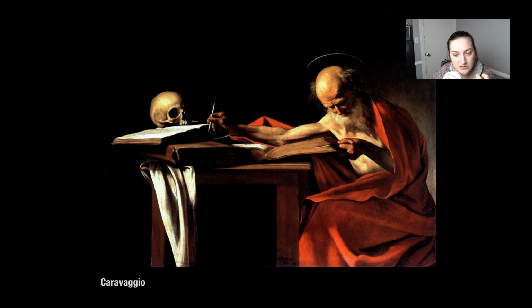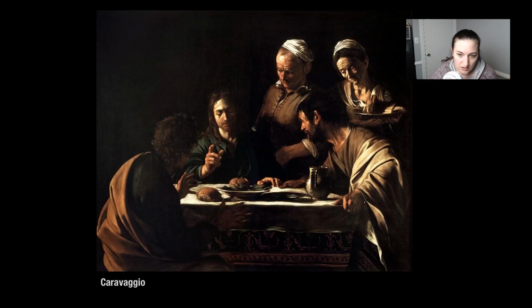But tenebrism is talking more about the composition, and it typically is given to those paintings that have a really deep, dark, like black background, and one very strong light source, creating, again, this very dramatic feel. And Caravaggio being pretty famous for that style.